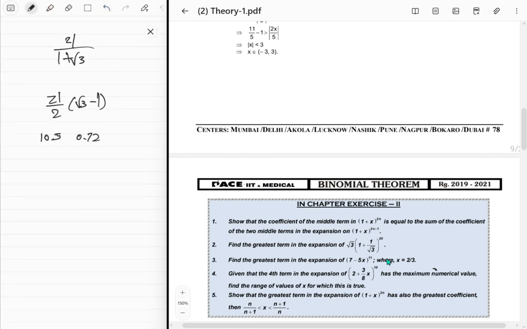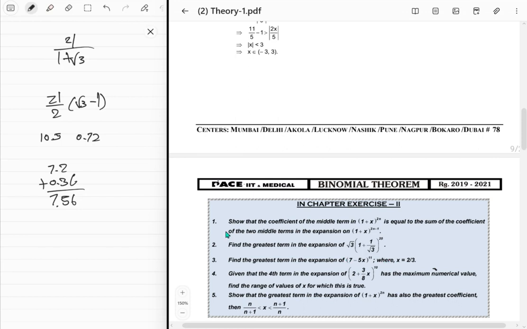I don't remember the whole value of square root 3, but it was something like this. So this would be 7.2 plus half of it, 0.36, which is 7.56. So somewhere around that, just slightly bigger than 7.